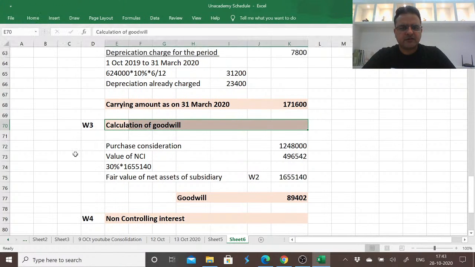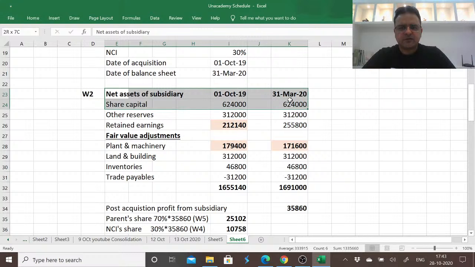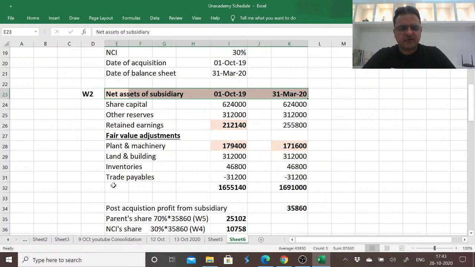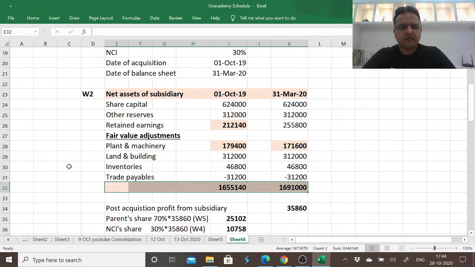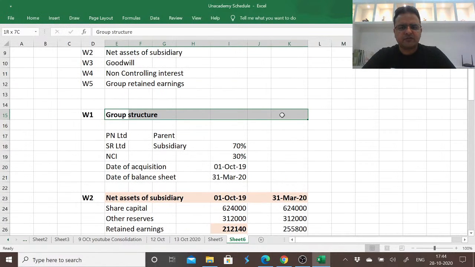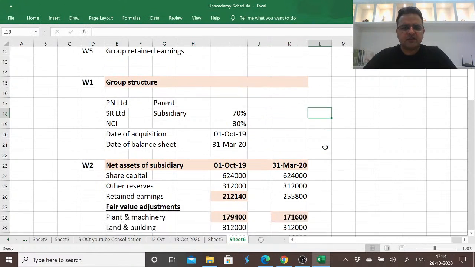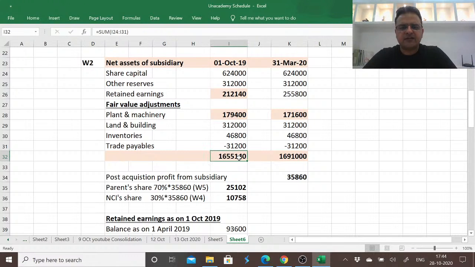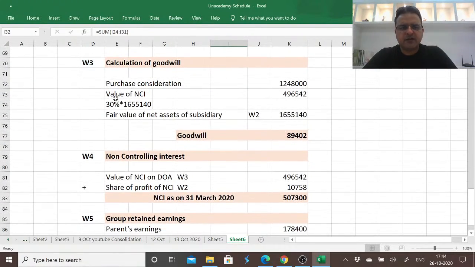These are the major calculations. And net assets of subsidiary on date of acquisition and date of balance sheet are 1655140 and 1691, which we calculated earlier. We know the group structure position now. In these 5 workings we have been successful in knowing the group structure and the net assets of subsidiary on date of acquisition. This helped us calculate goodwill.